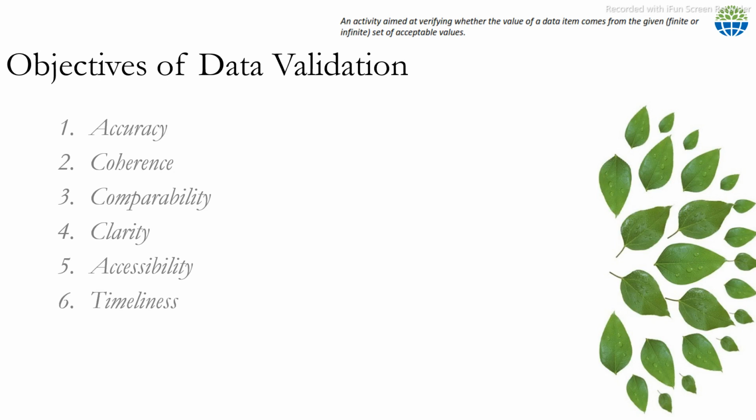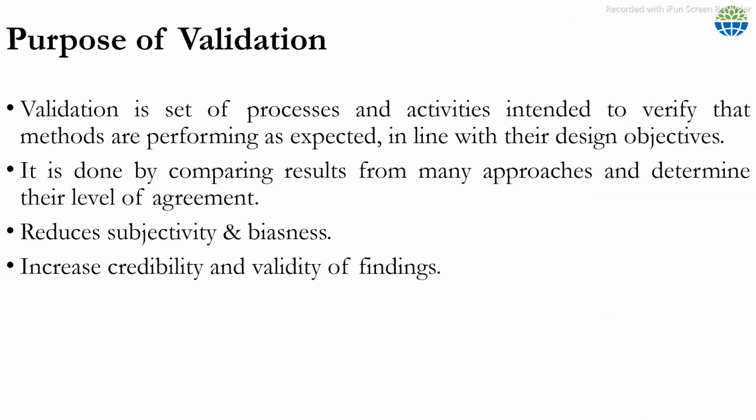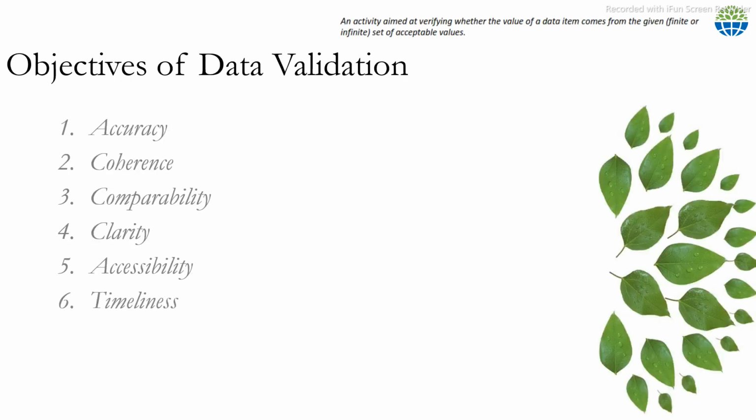These are the major objectives of data validation in any report, either your thesis, your EIA report, or any type of research report or research paper. Every time, even when writing a thesis or papers, review paper, technical paper, research paper, you have to check your data, whether it is valid or not.